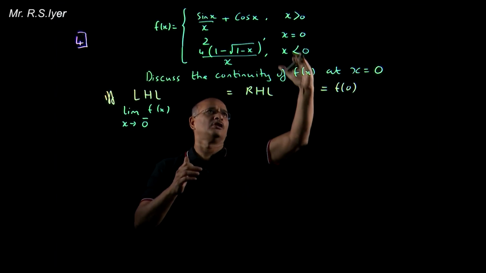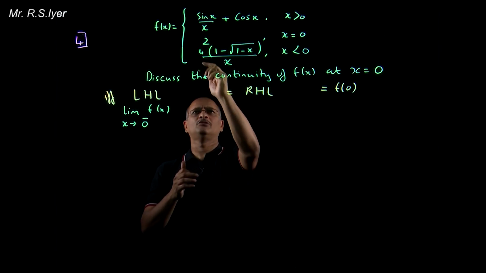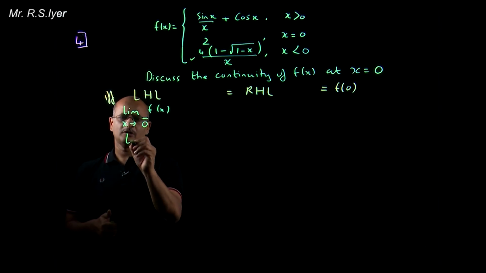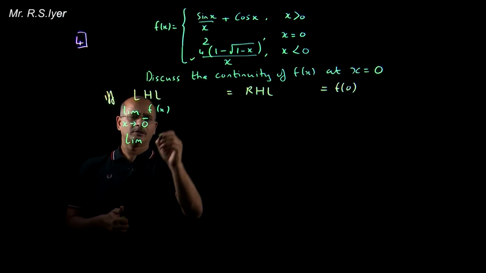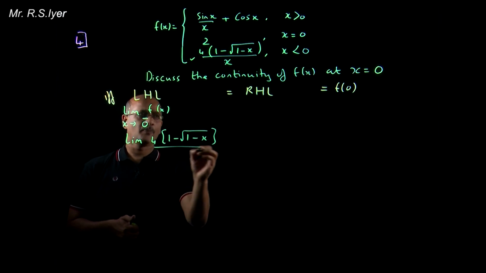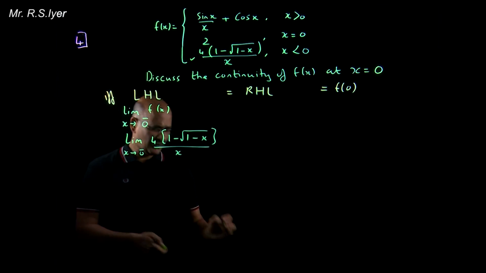Now look at the function here. x is less than 0 means left of 0, so this function is valid for us. Let us write it down. This will become the limit of 4 times (1 minus root of 1 minus x) upon x as x tends to 0 bar. This is my left hand limit.